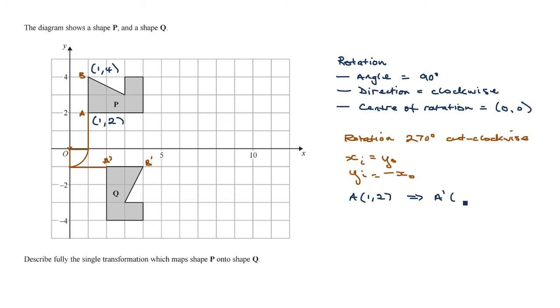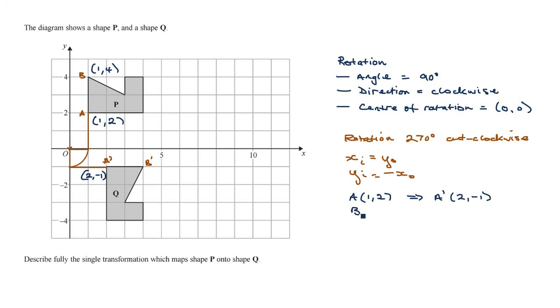Well, this is the y coordinate of the object, so it's simply 2. And the y coordinate of the image, which is what I need now, is the negative of the x coordinate, so minus 1. Let's have a look then at A prime on my diagram. So if I go 2 along and negative 1 down, so the coordinates of A prime are indeed 2, negative 1.